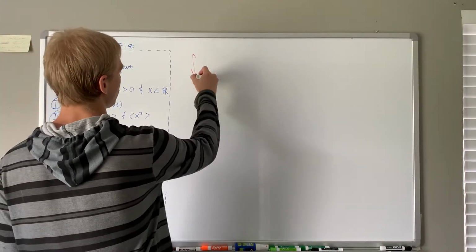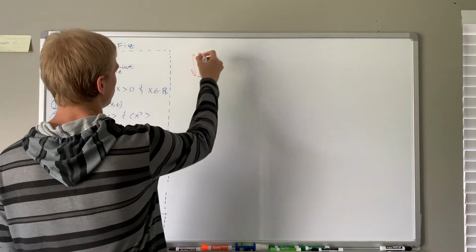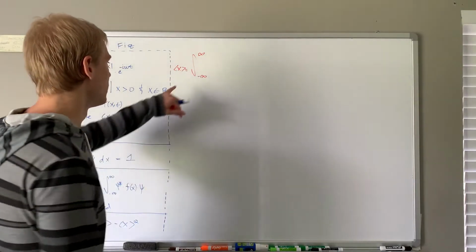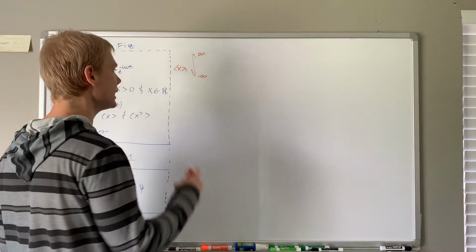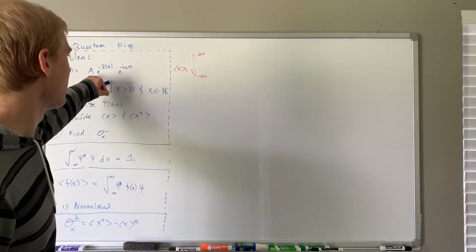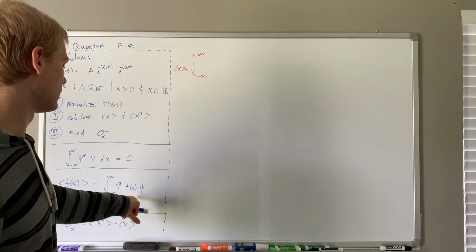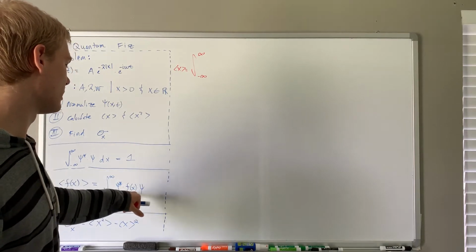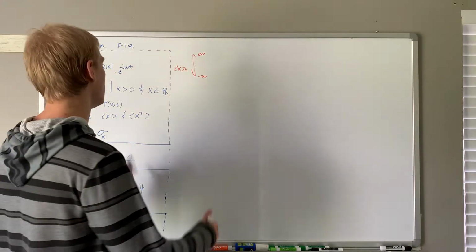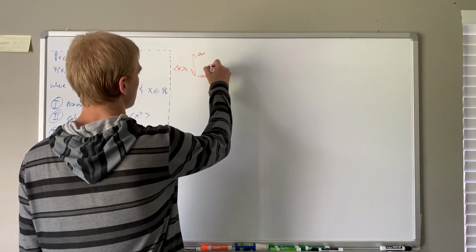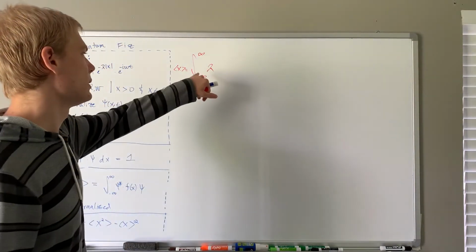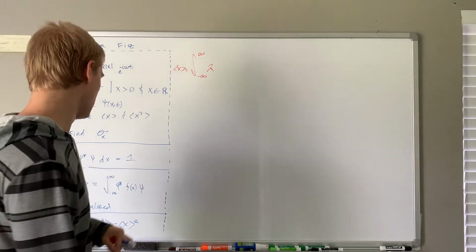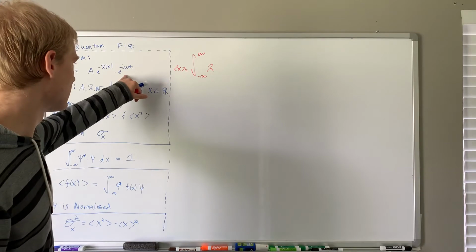So you take negative infinity to infinity for the first case, just for the x, and you use the normalized wave function when you plug it in here. That's the conjugate times the normal one, but these have to be the normalized wave function. So you get this. The square root of lambda times another square root of lambda is just lambda, and this goes away just like in the last case.